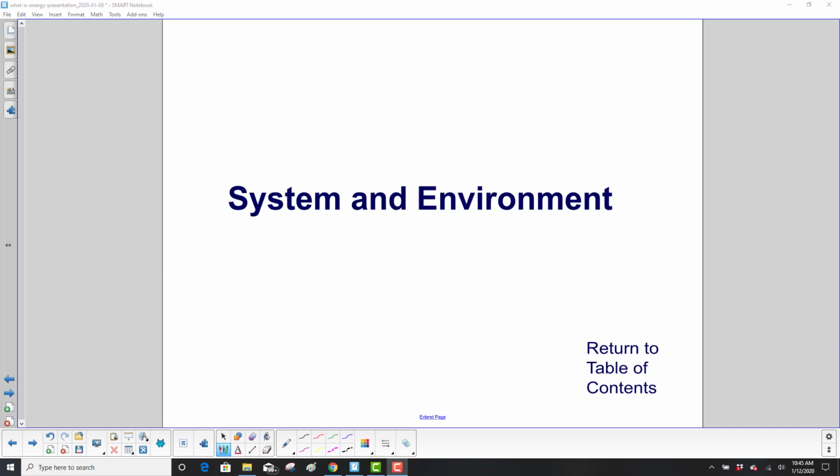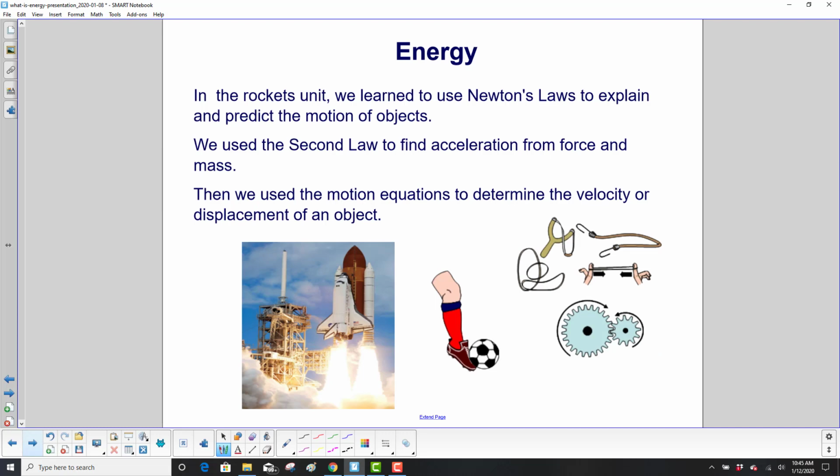System and environment. In the rockets unit, we learned to use Newton's laws to explain and predict the motion of objects. We use the second law to find acceleration from force and mass. Then we use the motion equations to determine the velocity or the displacement of an object.